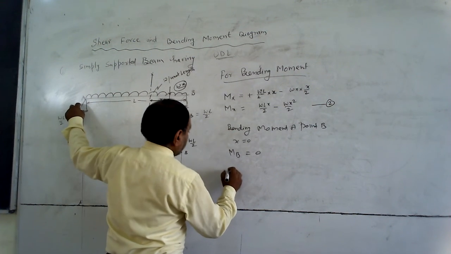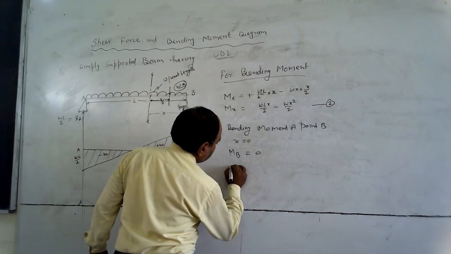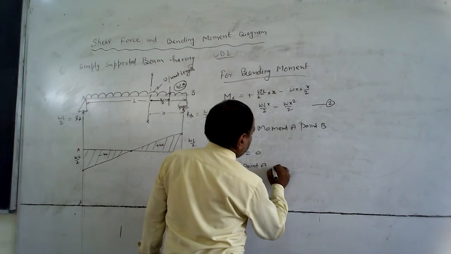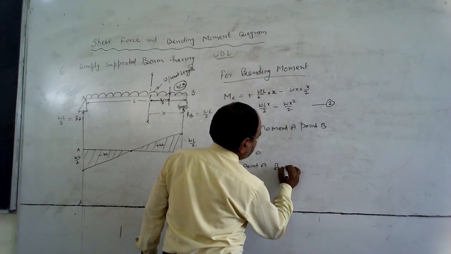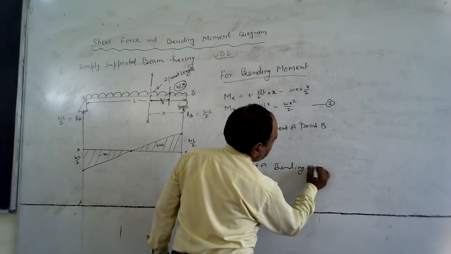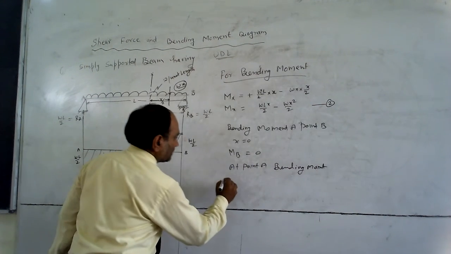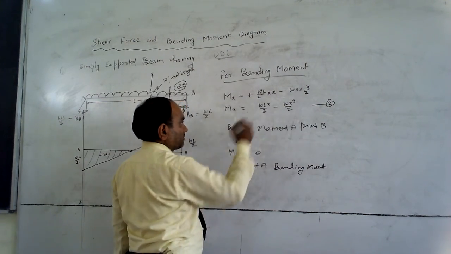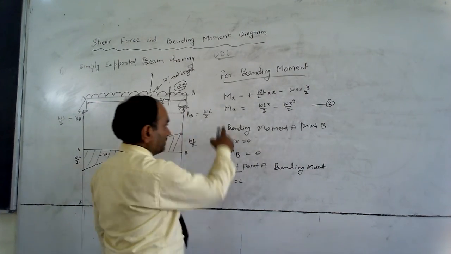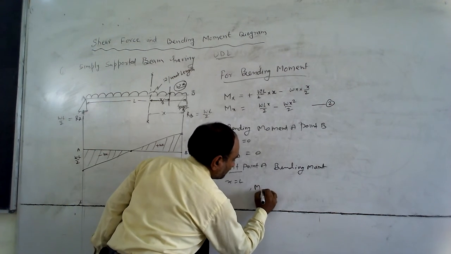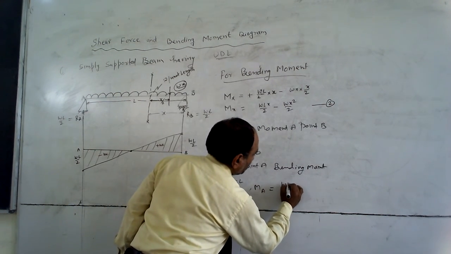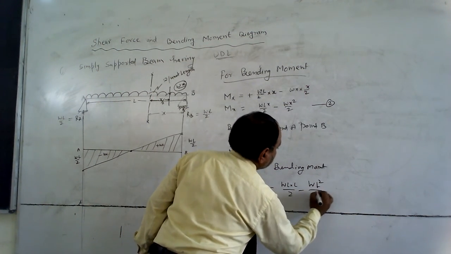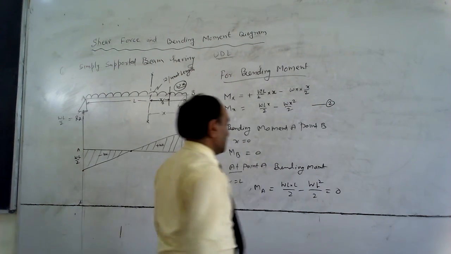And the bending moment at point A means x equal to L. For x equal to L in this equation, you will find the value of MA equal to WL into L by 2 minus WL square by 2, that is 0.